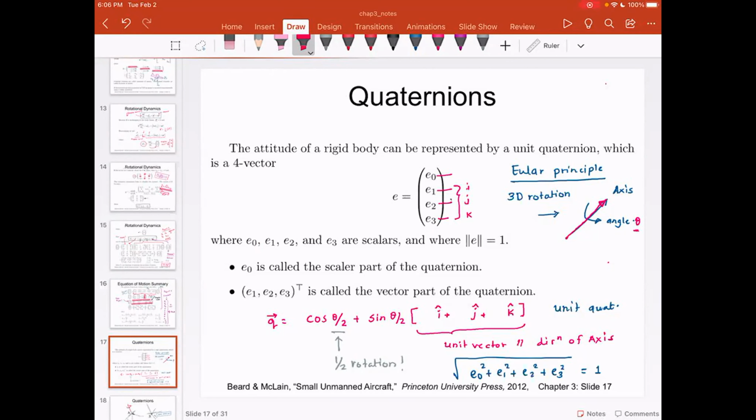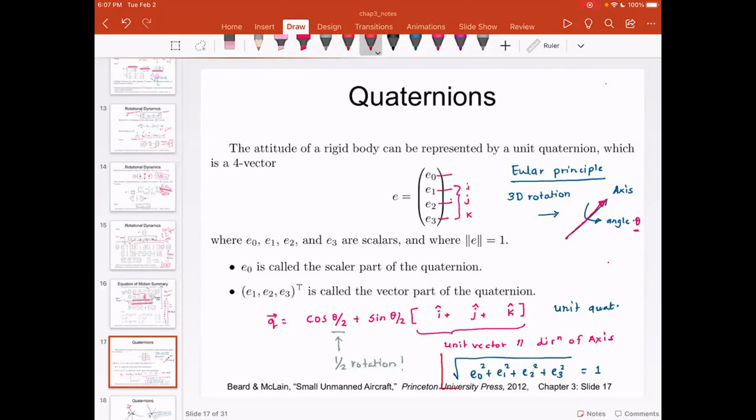Now, one thing I want you to understand, and I will emphasize this again: the quaternion that represents rotation is a unit quaternion, which means every time the absolute value of the quaternion has to be equal to 1.